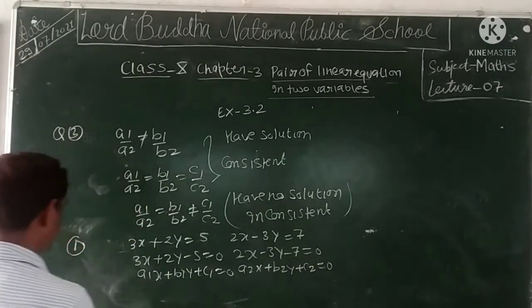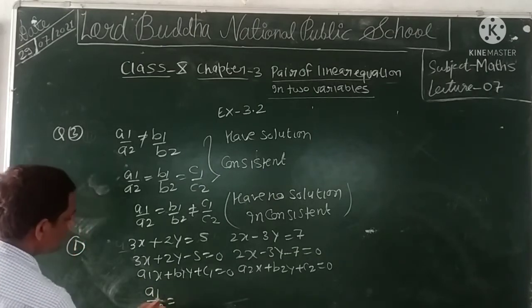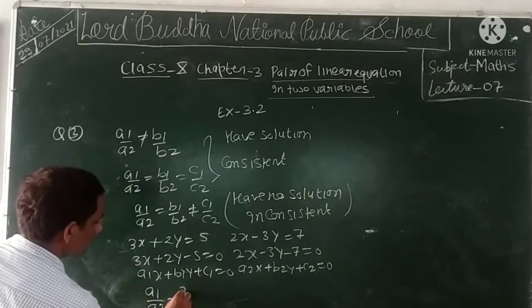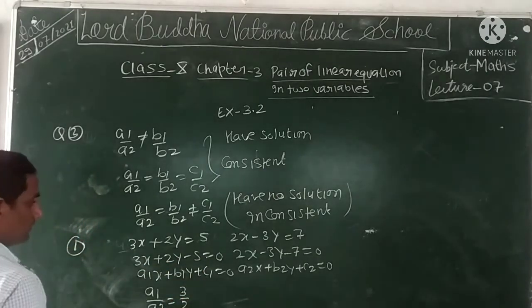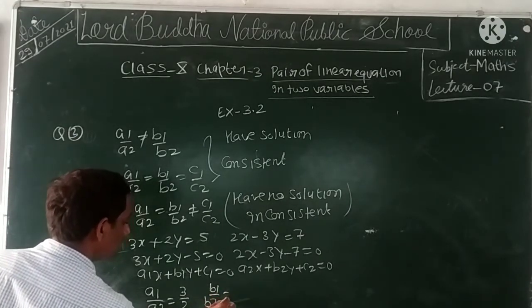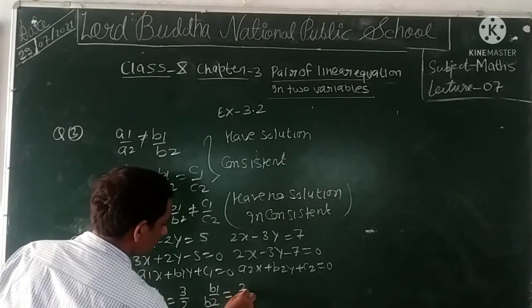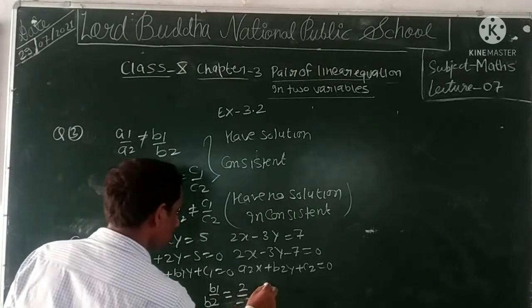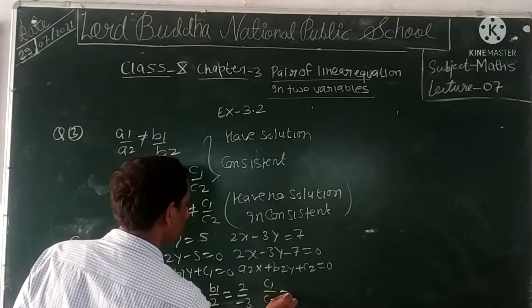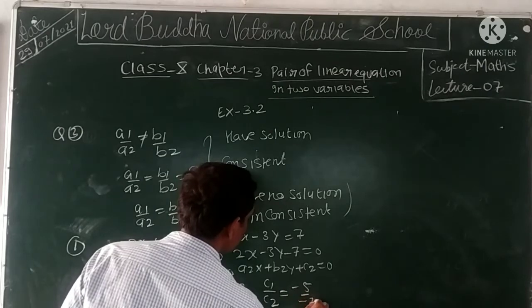Now here a1 upon a2 means 3 upon 2, b1 upon b2 equal to 2 upon minus 3, and c1 upon c2 equal to minus 5 upon minus 7.